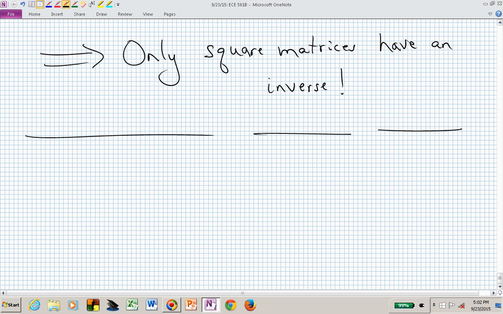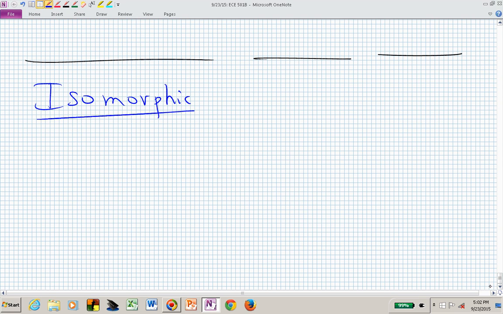If that's the case, now that we could be thinking about having an inverse between two vector spaces, we can talk about this concept of isomorphic, which you could just say means similar. So the same shape, isomorphic.